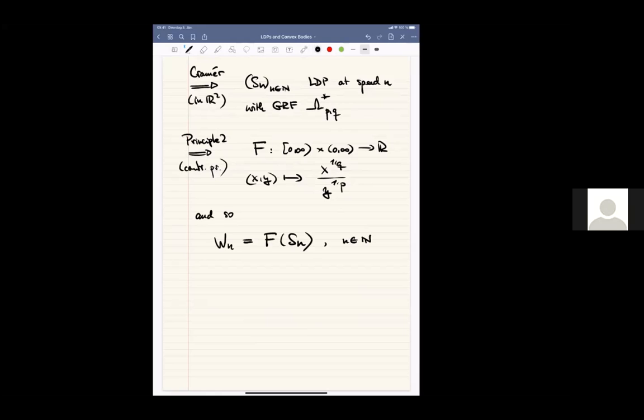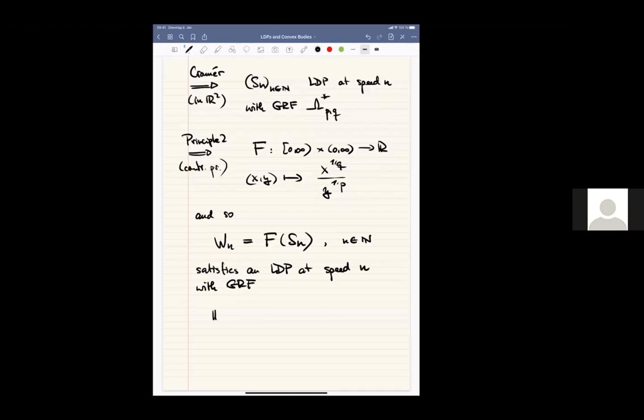And because this is a continuous mapping, I have an LDP for S_n. So I transform it onto my other space. So I get an LDP for W_n. So this satisfies an LDP at speed n with good rate function. Remember, we had this infimum there in the contraction principle.